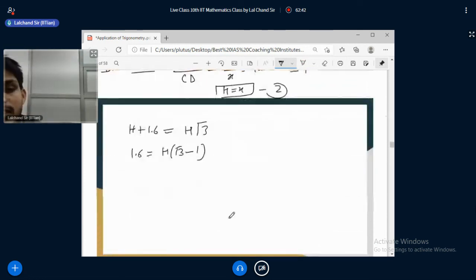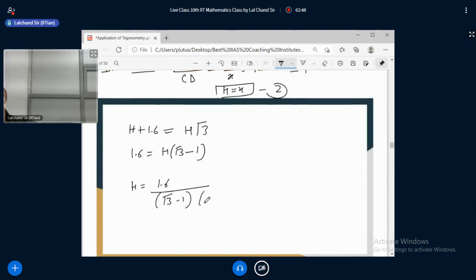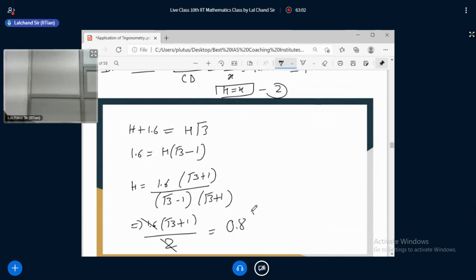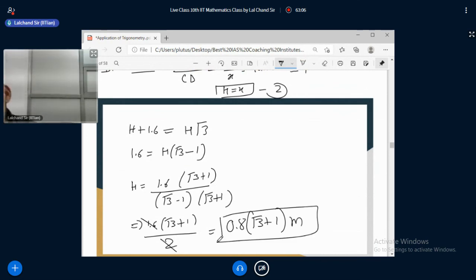So finally the value of h is 1.6 divided by root 3 minus 1. If we rationalize with root 3 plus 1, we have 1.6 into root 3 plus 1 divided by 2. This gets cancelled, so finally we have 0.8 into root 3 plus 1 meter. This is the height of the pedestal.